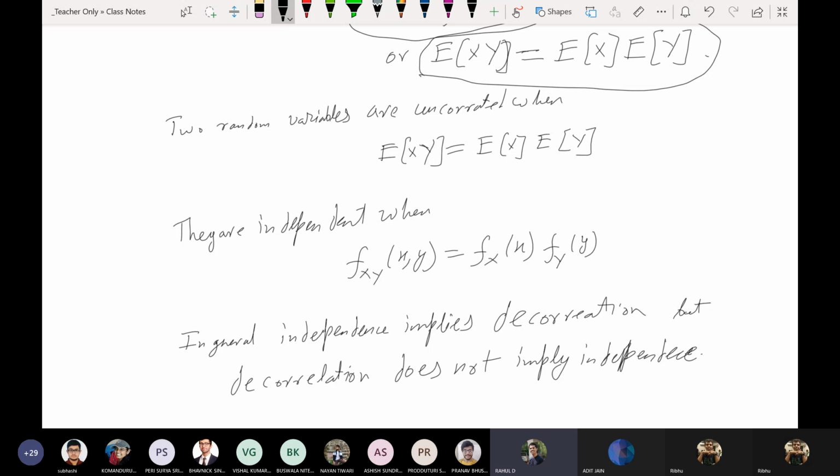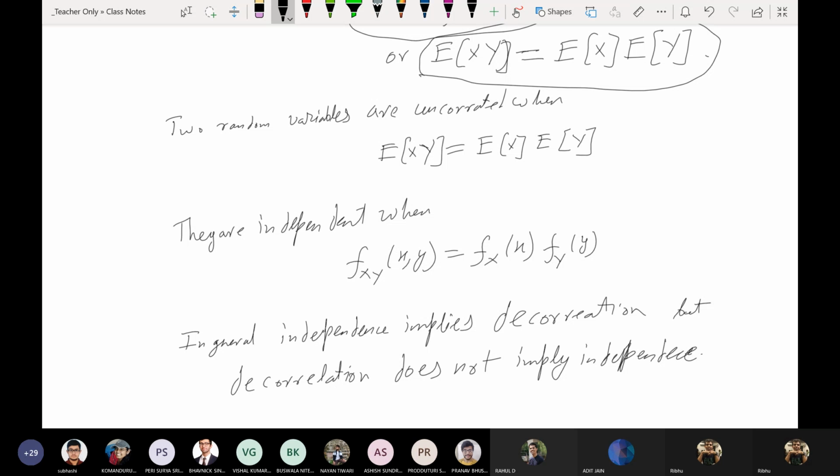And because of that, there are all sorts of complicated PDFs. So any PDF that requires higher order moments to be defined will not necessarily follow this condition. So for independence, the PDF has to be separable in X and Y. That's why I said that right now, off the top of my head, I cannot think of an example.